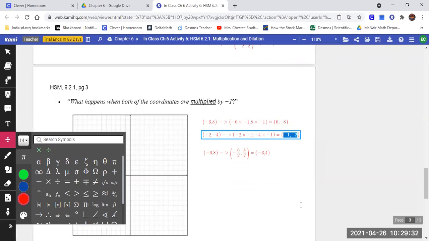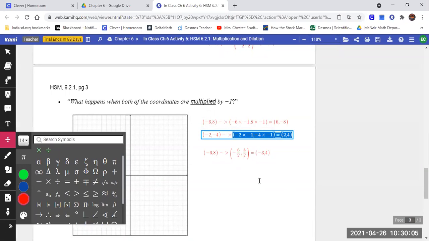Negative 2 times negative 1. Negative 4 times negative 1. What's our new coordinate? Come on, guys. 2, 4. Thank you. Okay, last one. Negative 6.